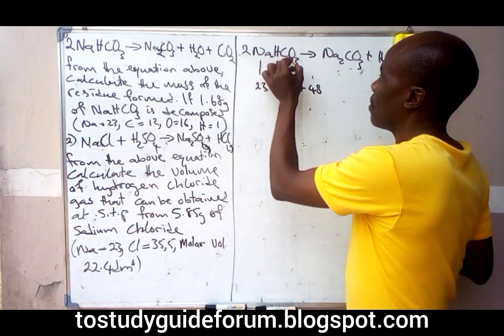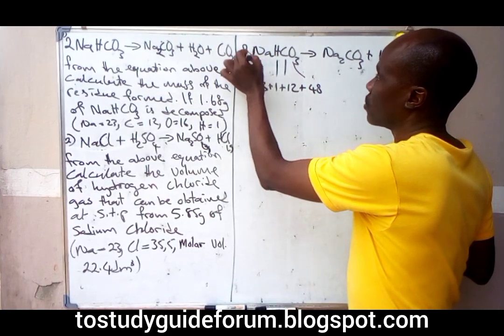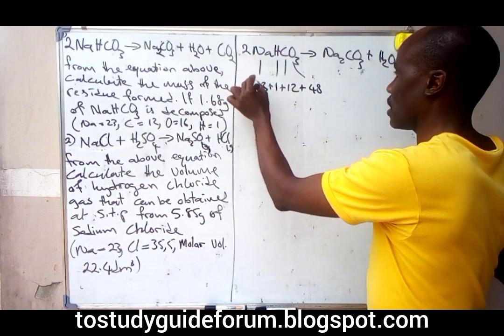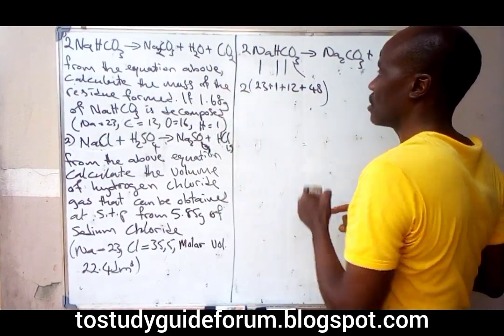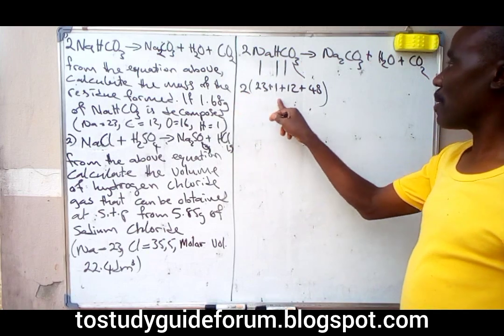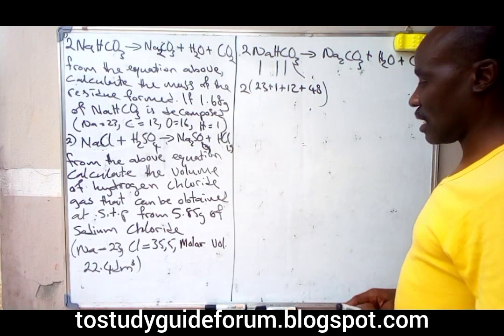Now for sodium, okay. Let's sum it up together. Sum everything, multiply by 2. That is the mass that is required.